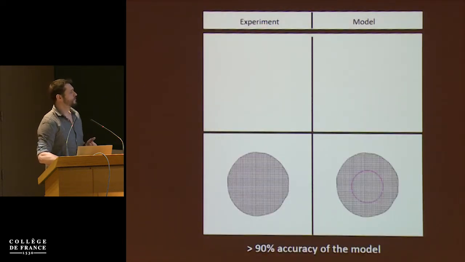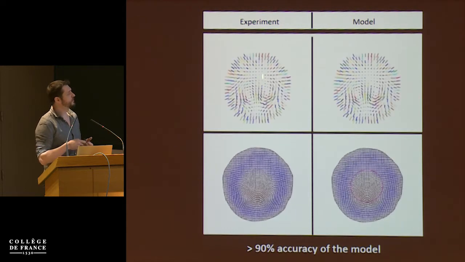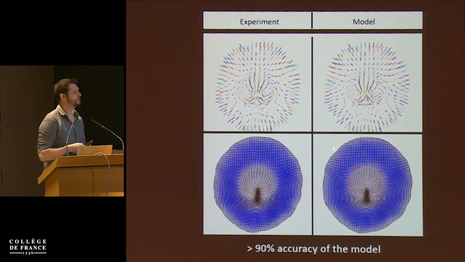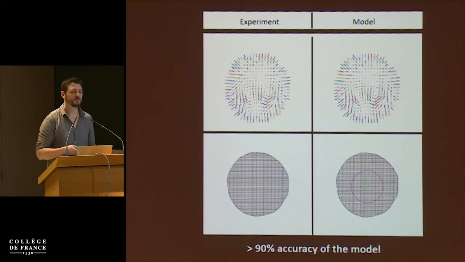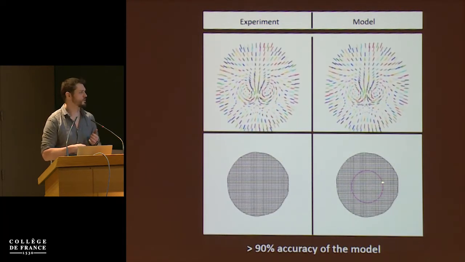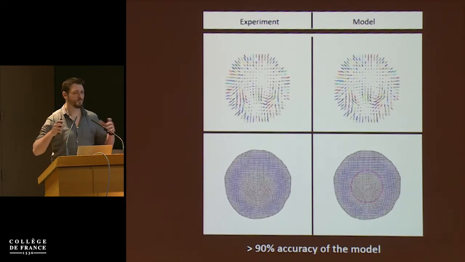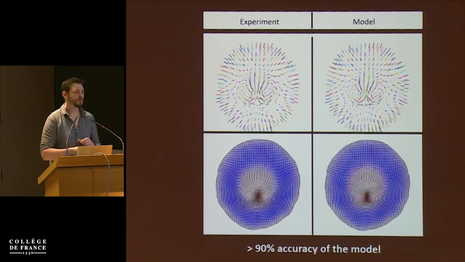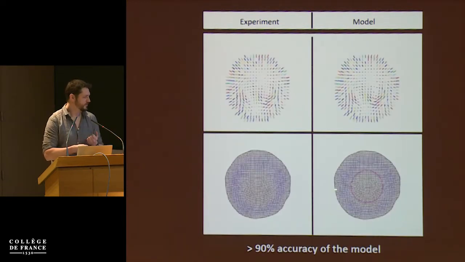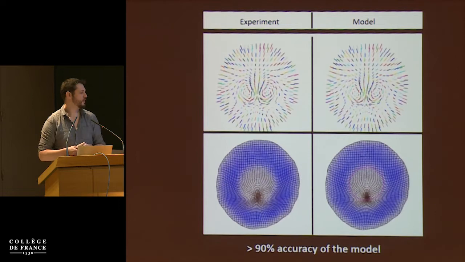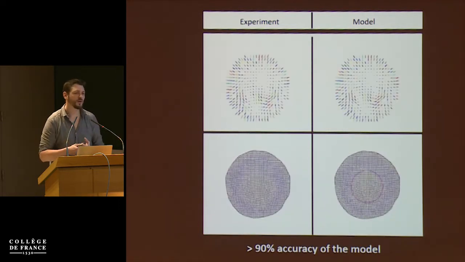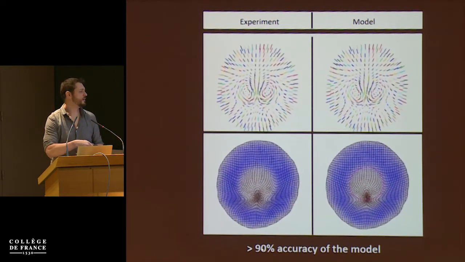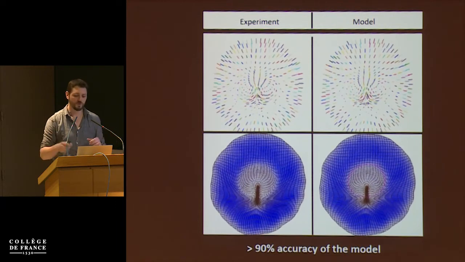So now this is the experiment and the resulting model. And what you can see here is that the model is very similar. It's almost indistinguishable from the experiment. We can see the flow and the deformation are almost identical, as I said. And the model is quantitative, so we can estimate that it has 90% accuracy.